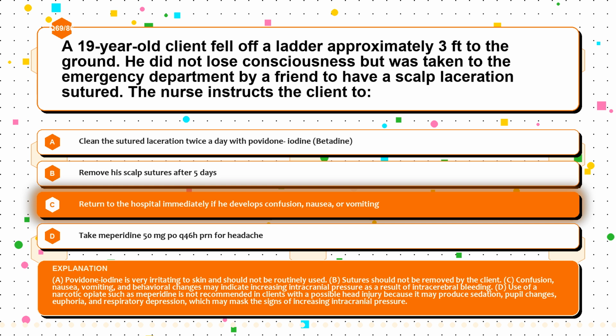C. Confusion, nausea, vomiting, and behavioral changes may indicate increasing intracranial pressure as a result of intracerebral bleeding. D. Use of a narcotic opiate such as meperidine is not recommended in clients with a possible head injury because it may produce sedation, pupil changes, euphoria, and respiratory depression, which may mask the signs of increasing intracranial pressure.